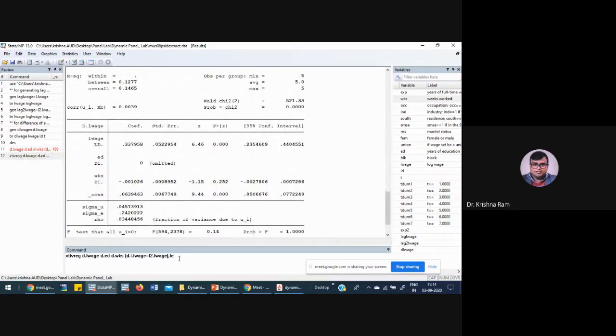So this is the command for getting Anderson-Hsiao estimates of parameters.